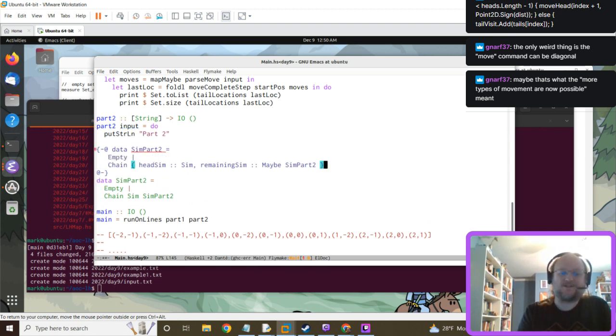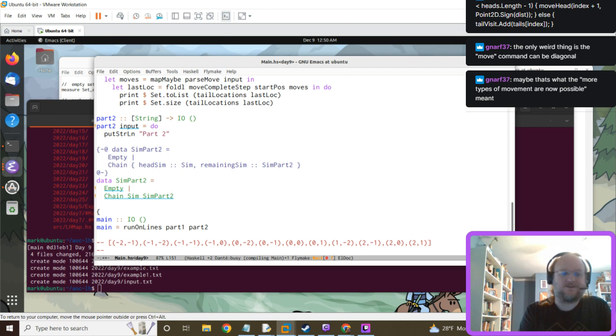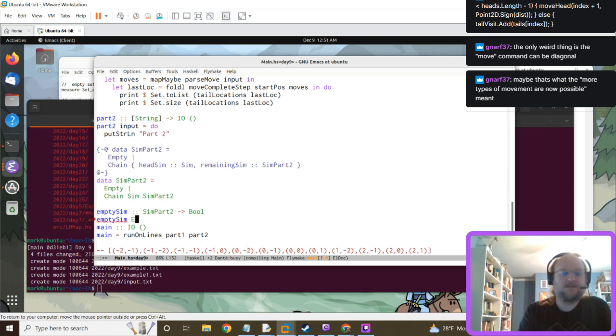We have to define a measure. But I think they don't have to be defined in order. So let's try this.